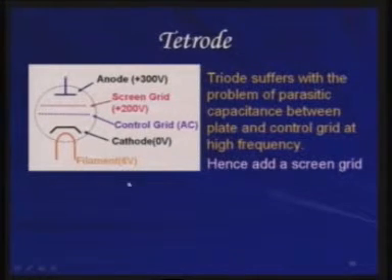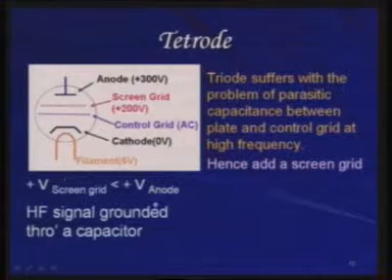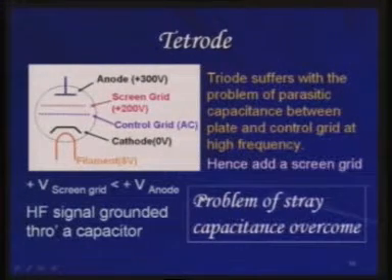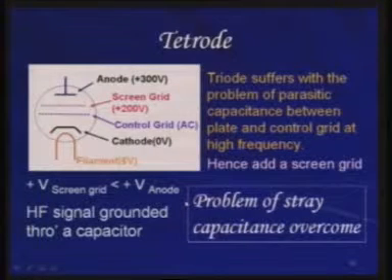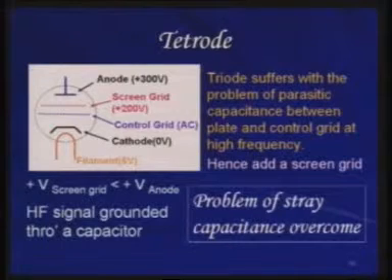So this capacitance effect has been reduced. The screen grid is kept at a lower potential than the anode voltage, so we have solved our problem of stray capacitance here. Since there are 4 electrodes now, it is called a tetrode.